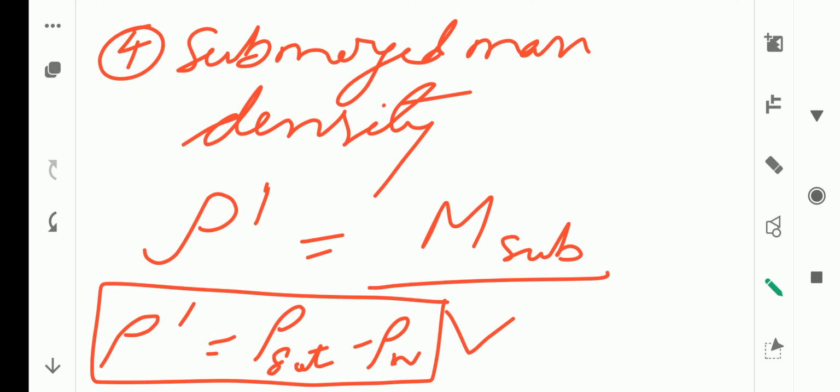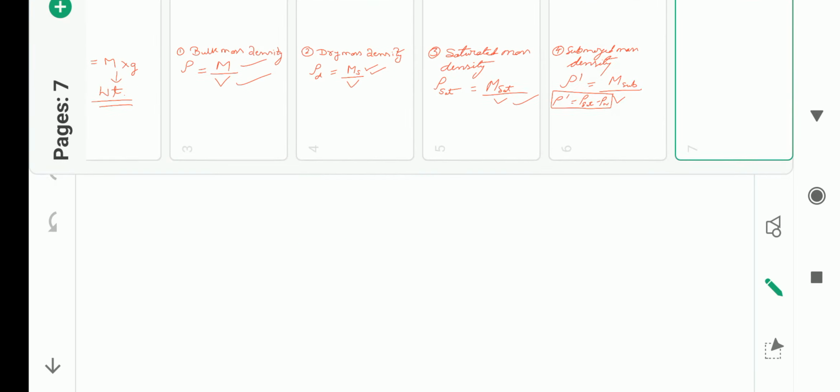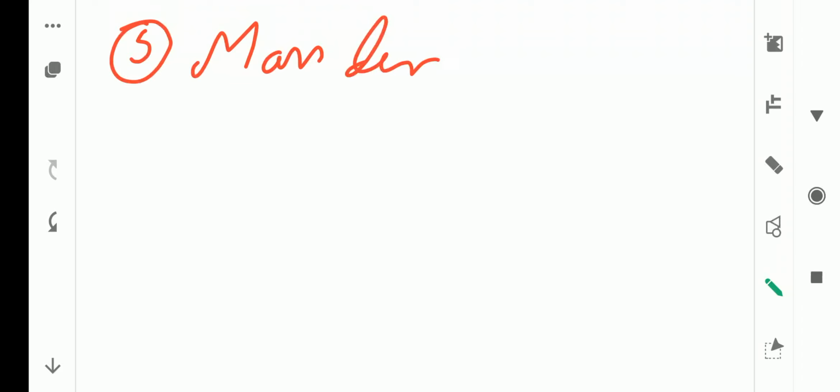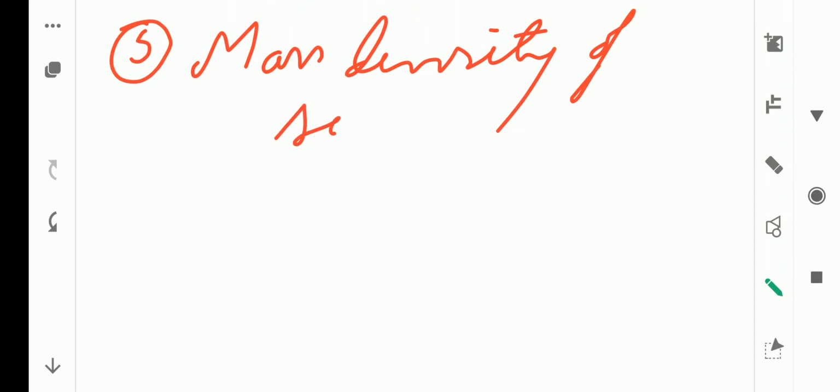There is one more definition, mass density of solids.